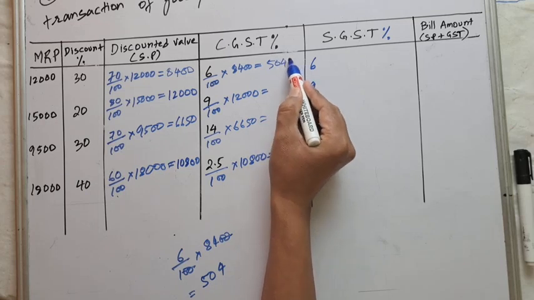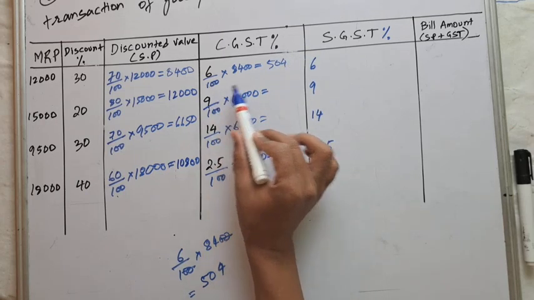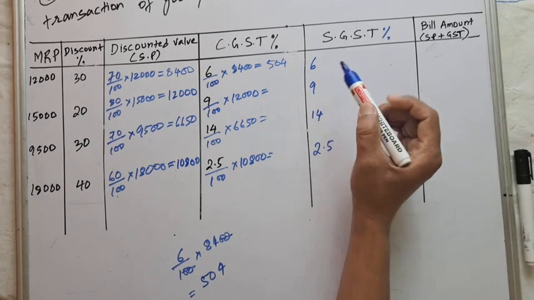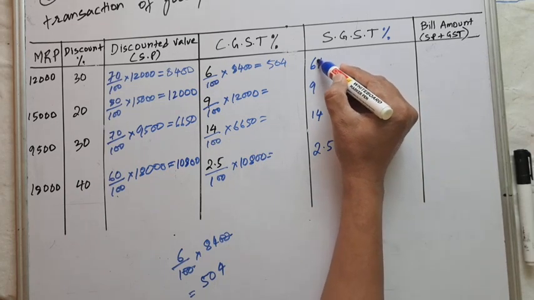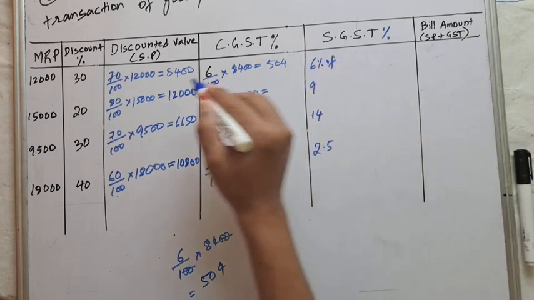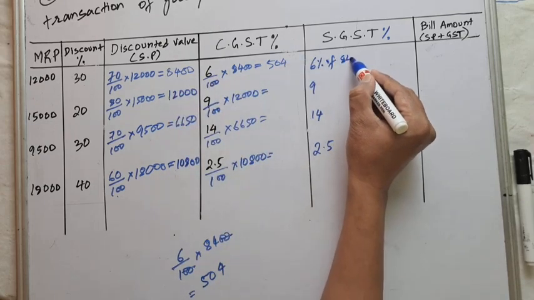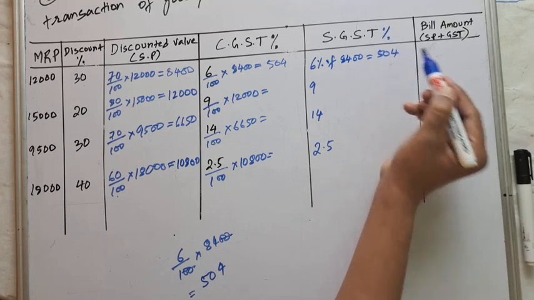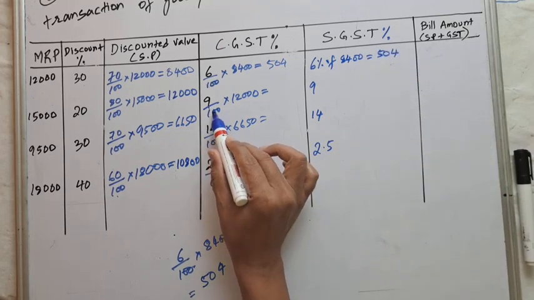CGST is 504, which means SGST will also be 504.